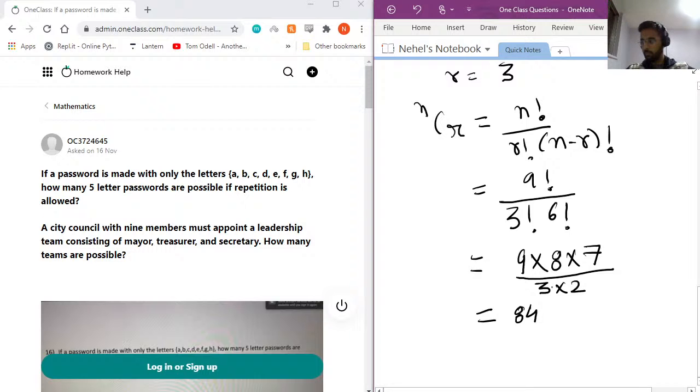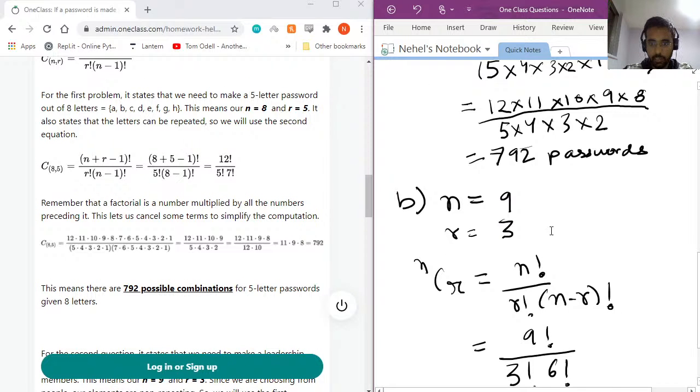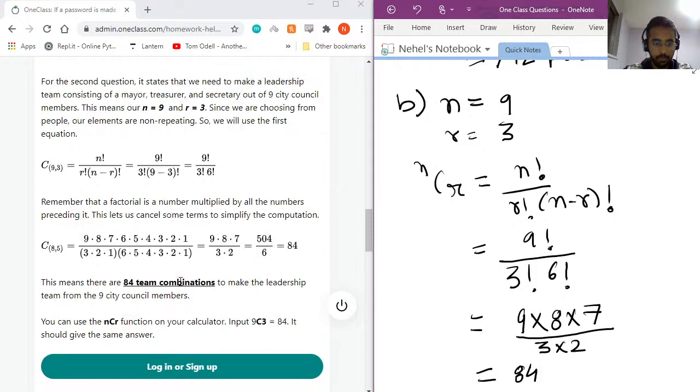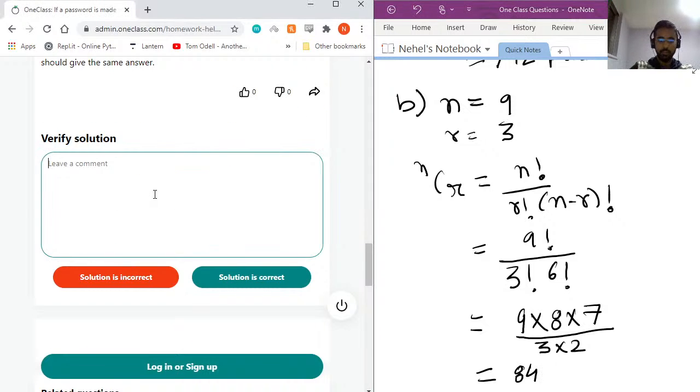All right, let's just make sure this will answer it correctly. So 792, that's correct. And 84 team combinations. That's perfect. And they have given the explanation just like me, with the factorials cancelling out and how to simplify. So the answer is correct.